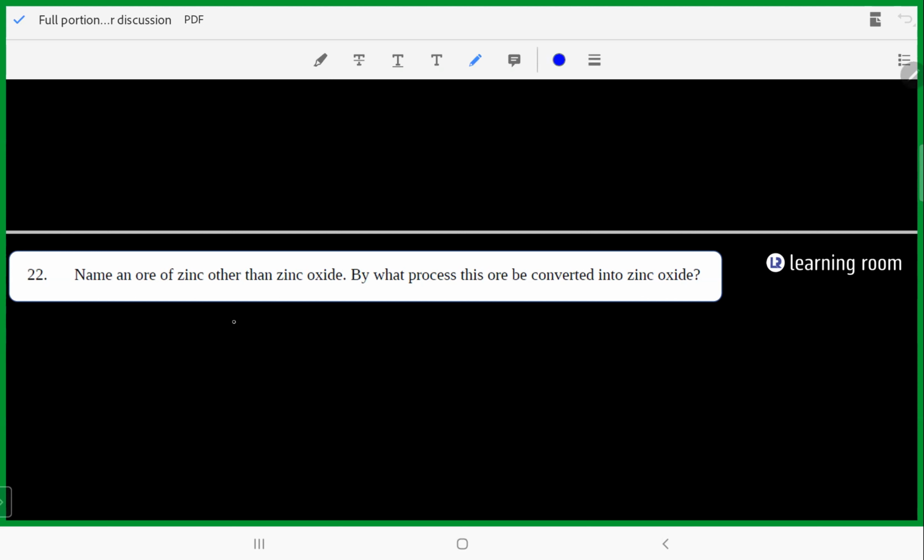So zinc blende, the formula is ZnS, and then zinc carbonate, or calamine, the formula is ZnCO3. So zinc blende is converted into zinc oxide by roasting in air, and zinc carbonate is converted into zinc oxide by the process of calcination.